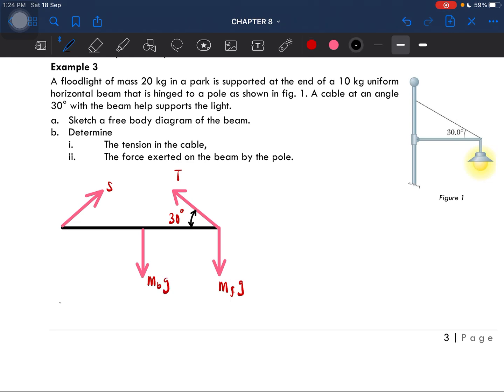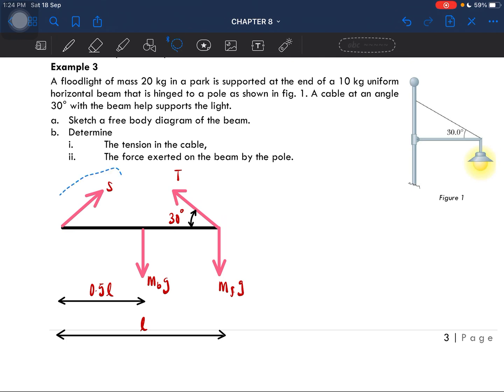And then the distance from this point to this point, and then the whole length of the beam. So this is 0.5 L, and this is just L, the length of the beam.